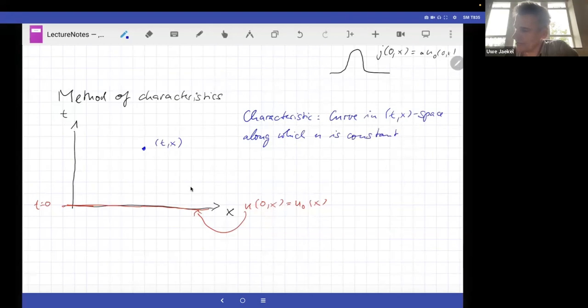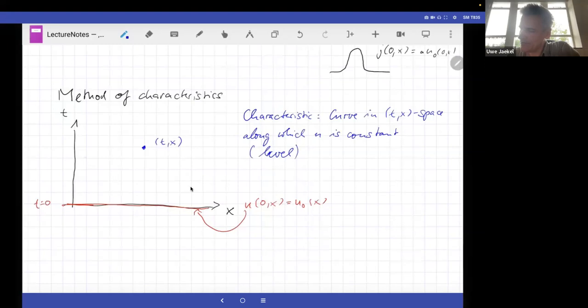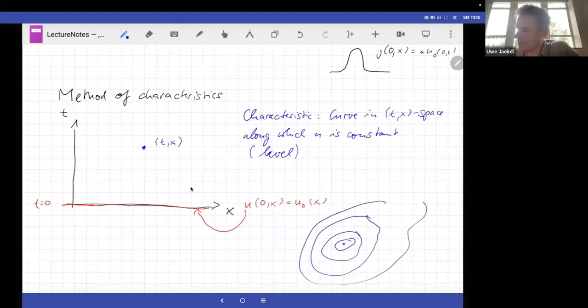So it's a level curve, like you know from a map. On a map you have seen these levels, these are height levels. Maybe this is a map from a mountain area, and this point is 500 meters above sea level, this is 400 meters, 300 meters, 200 meters, and 100 meters above sea level. Maybe it's rather a hill than a mountain.